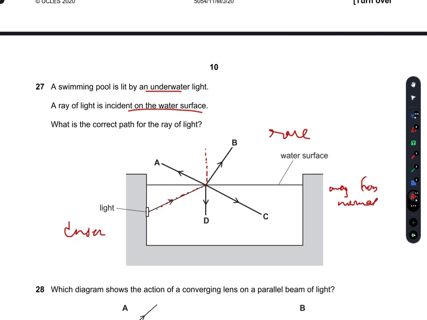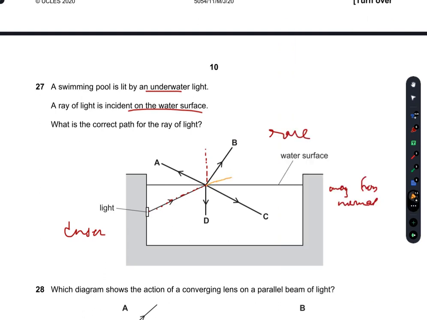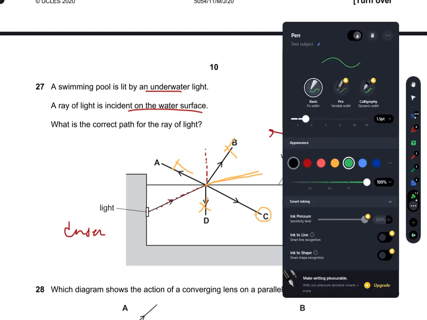So it should bend like this, or like this. And so B and A are incorrect. D is also incorrect. C is the only option left. And why is C true?